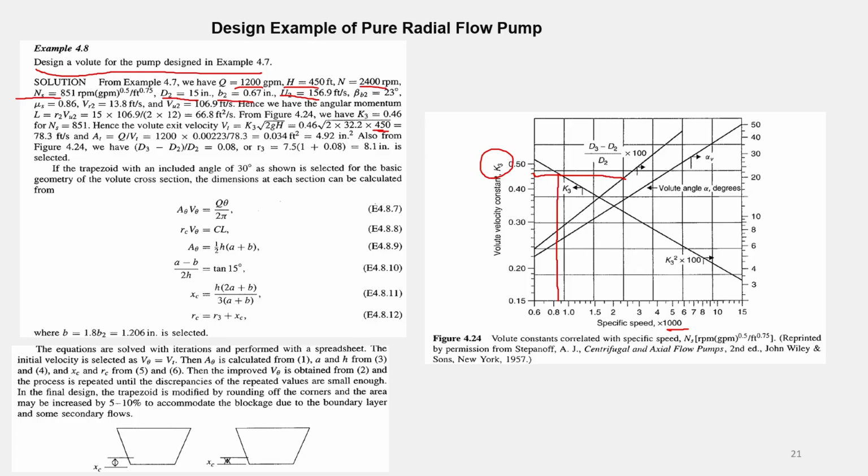So we have obtained all the information we need for the design aspect of a radial flow pump. Now it's saying if a trapezoid with an included angle of 30 degrees, as shown, is selected for the basic geometry, you follow this procedure. You are just required to know this information if you are having a trapezoid section of a volute.